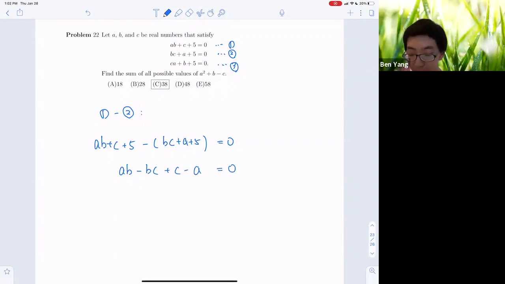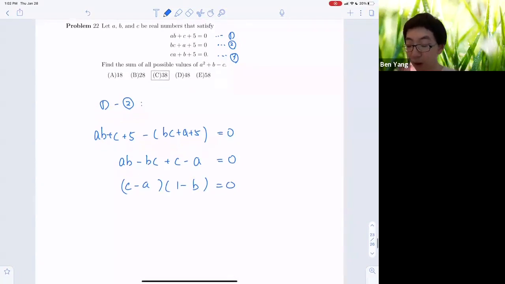C minus A seems to be a common factor of the first two terms and the second two terms. So we have C minus A times 1 minus B, and that's equal to 0. So two cases here, either B is equal to 1 or A is equal to C.